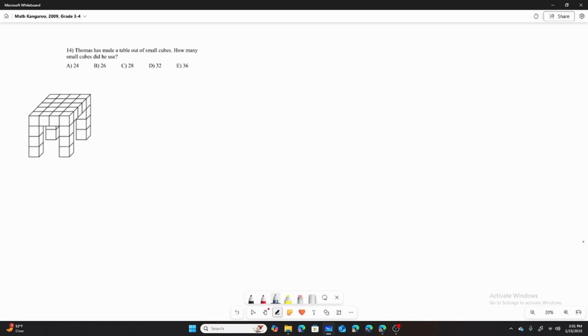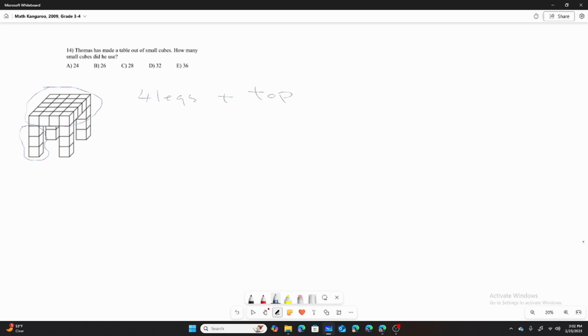So the table, the top of it, we can count, well, so there's a top of the table, which is this part. And then there is the legs, this part. There are 4 legs and a top.